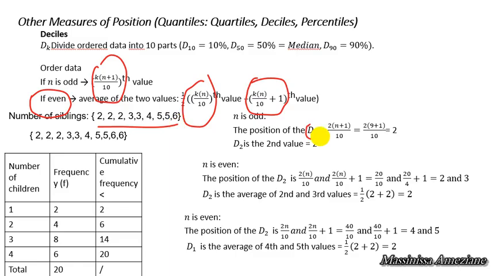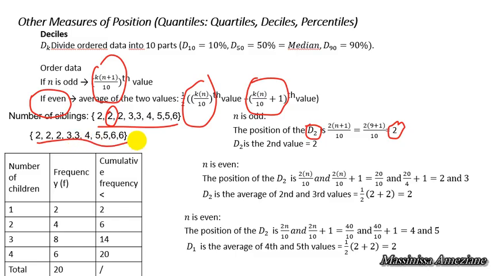We are looking for the second decile. So 2 times (9 plus 1), divided by 10, gives 2. So the position of the second decile is 2. This is the second position, so the decile value is 2.